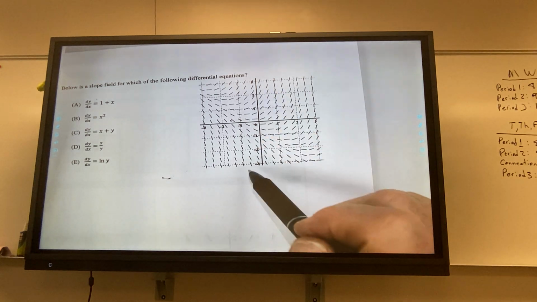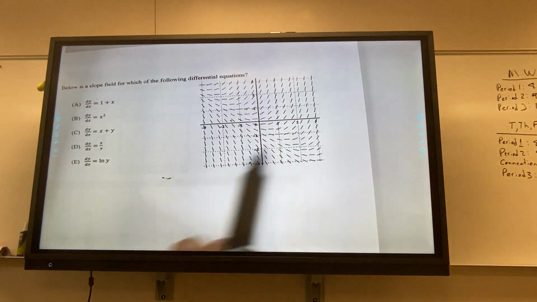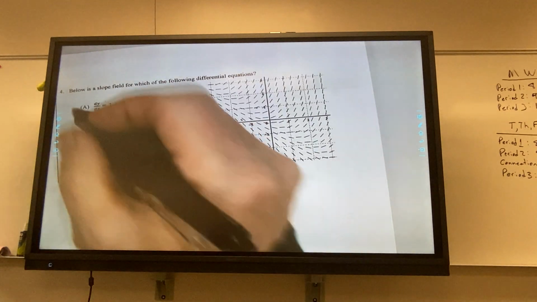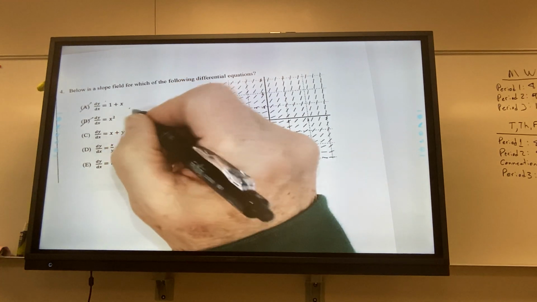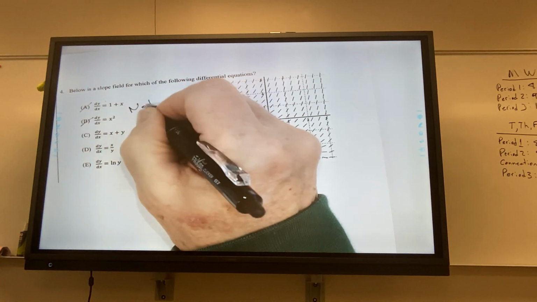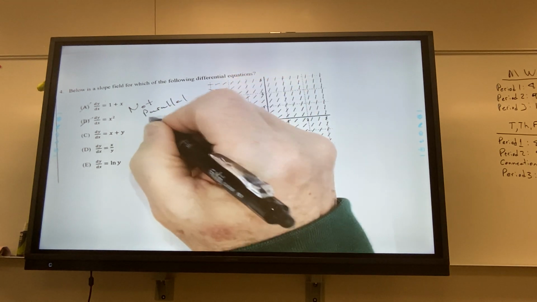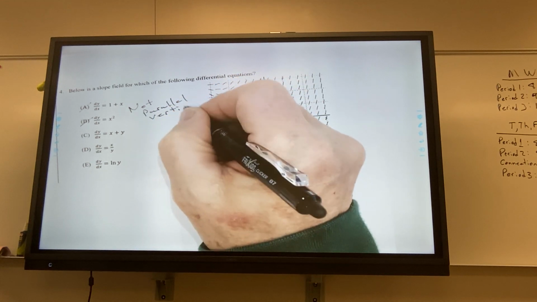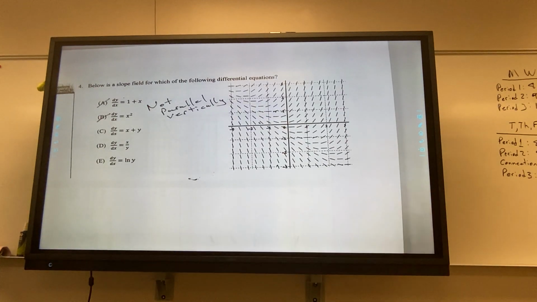No. Is this slope the same as this slope? No. So it means it can't be A and it can't be that, because it is not parallel vertically. So when I do these, one thing, I eliminate the ones that I think, so at least I can get rid of some. Is that making sense?